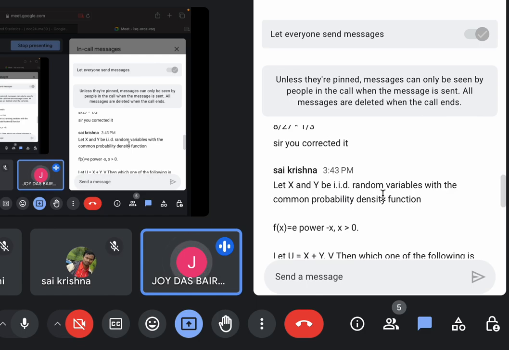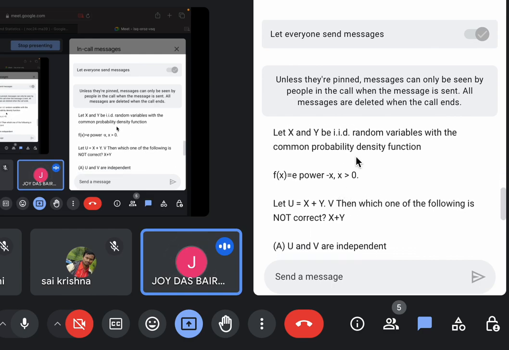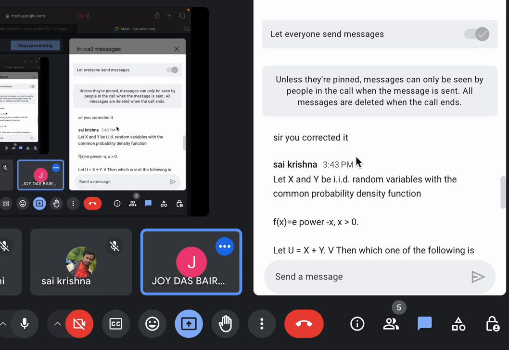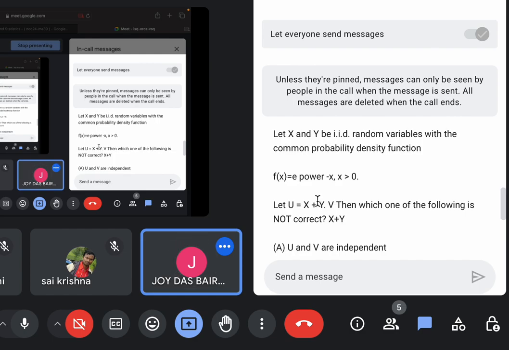Let x and y be identical independent distributed random variables with common probability density function f(x) equals e to the power minus x.